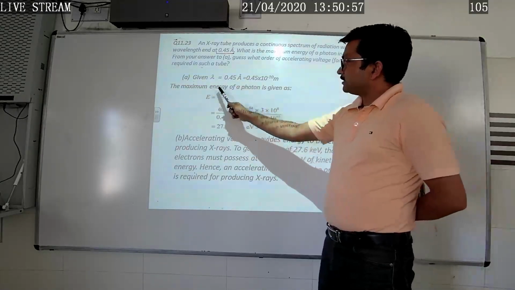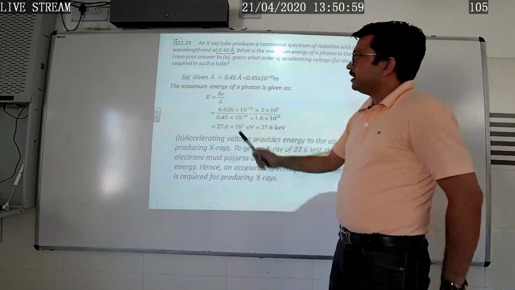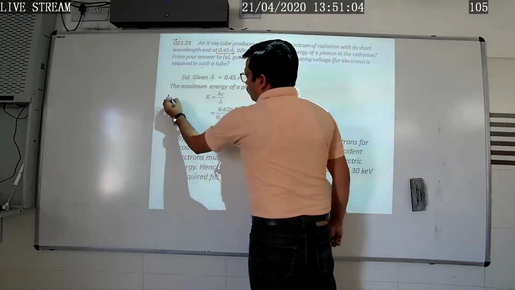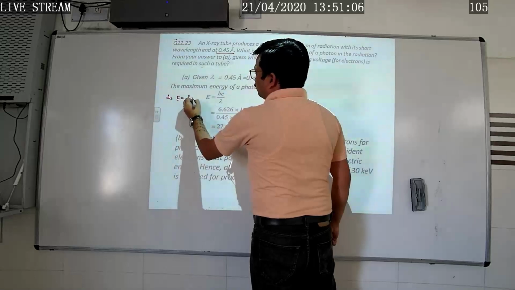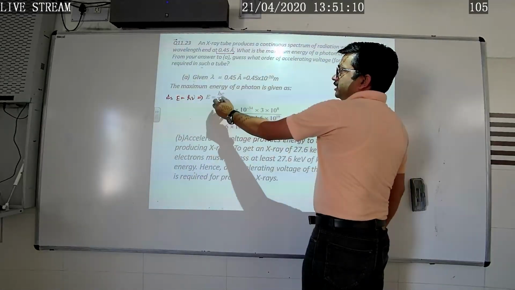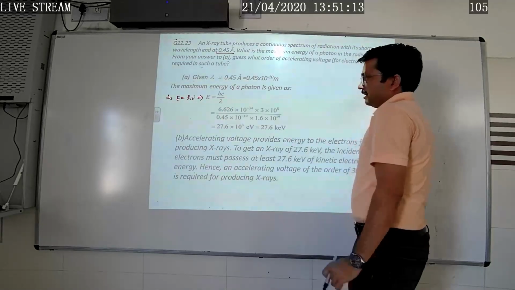Now the maximum energy of the photon is given by E is equal to h nu, which implies nu is equal to c by lambda. So here we can write E is equal to hc by lambda.